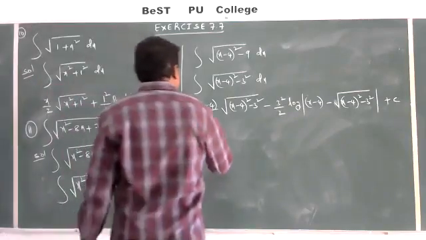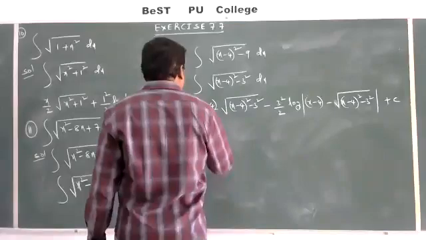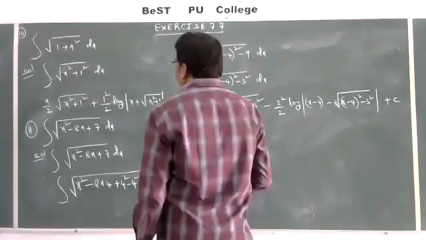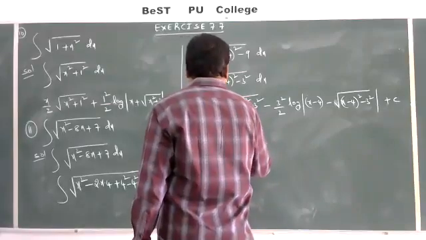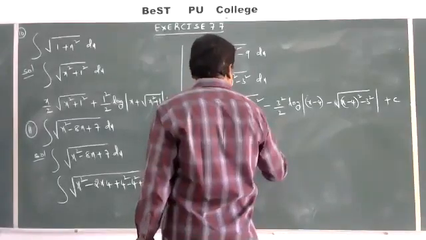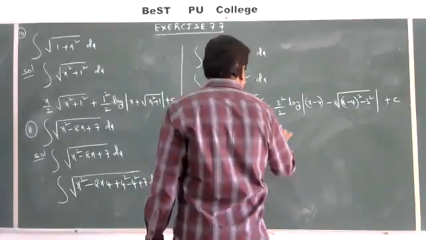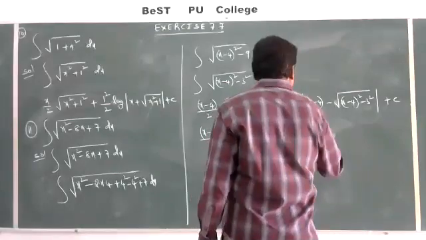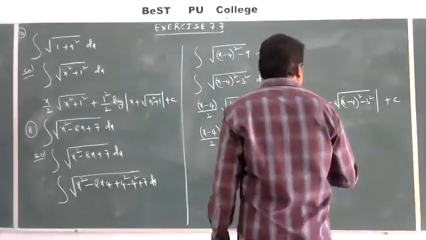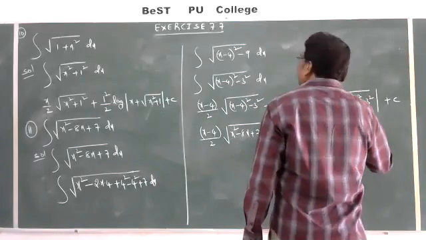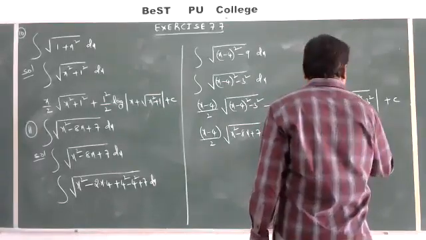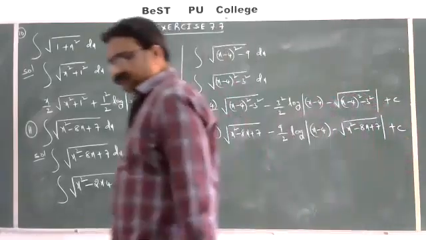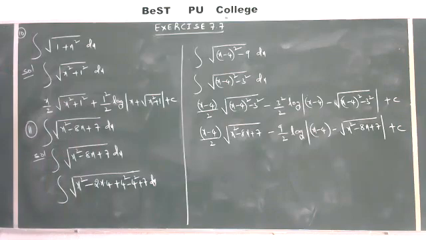So you can simplify this: x minus 4 by 2 into root of x square minus 8x plus 7, minus 9 by 2 into log mod x minus 4 plus root of x square minus 8x plus 7 plus c. That's completing 7.7.